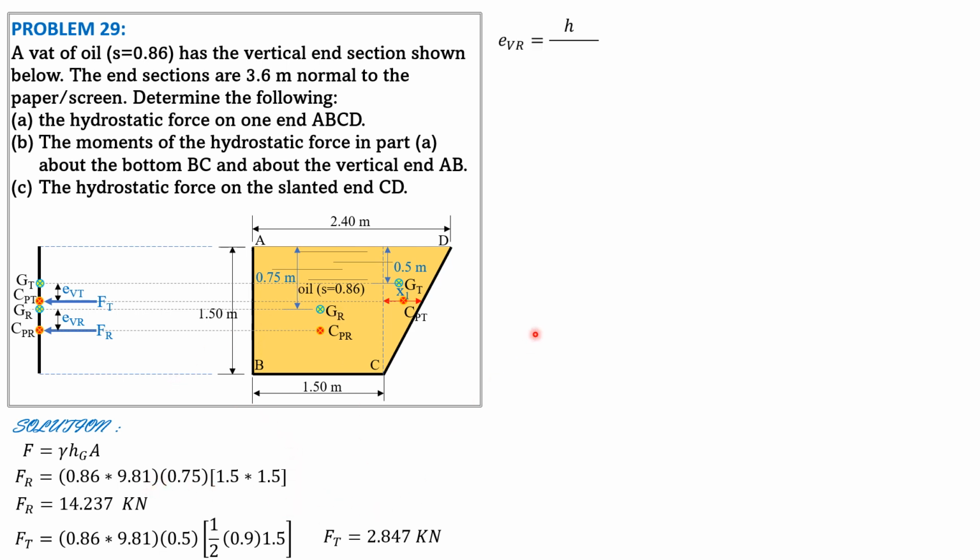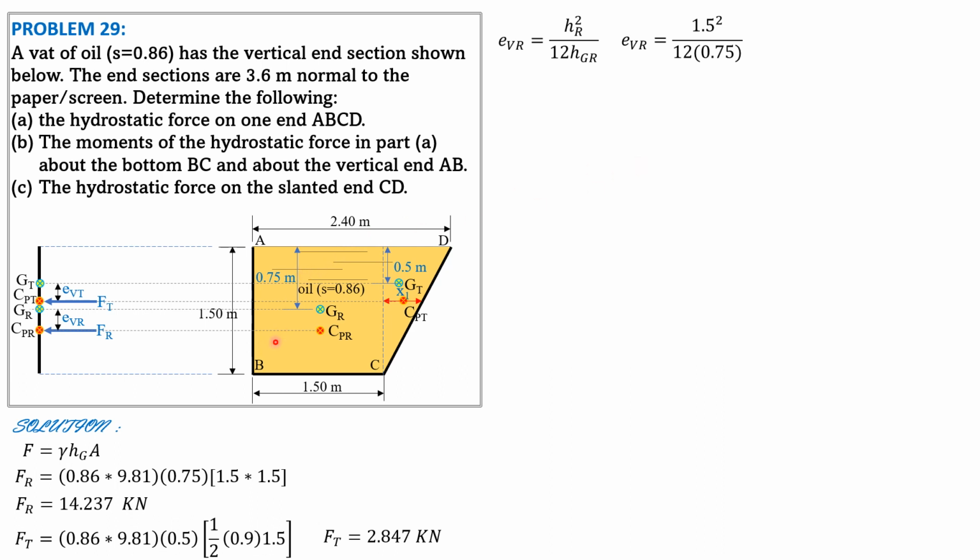But before that, let's have EVR, which is the height of the rectangle squared over 12 HG of the rectangle. There's no sine theta because the surface is vertical. Sine of 90 is 1 anyway. So the height of the rectangle is 1.5 squared over 12 times 0.75.